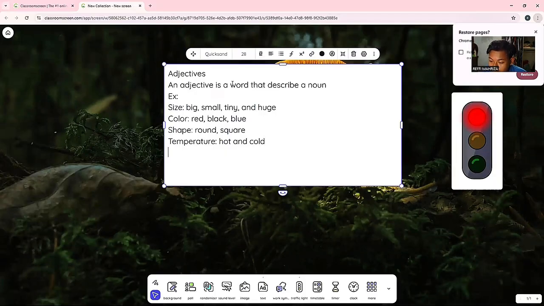And then quality, the last one: beautiful, and then strong, weak, old, and young.